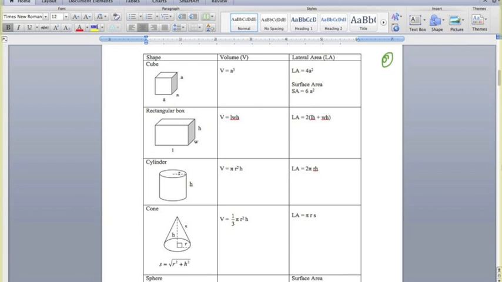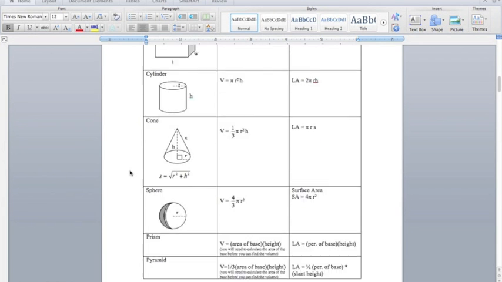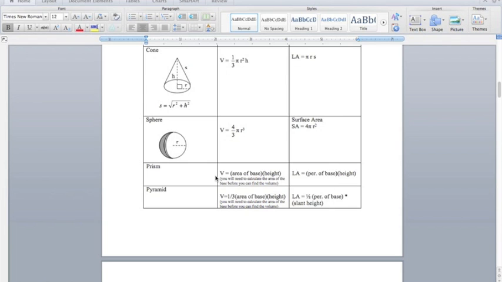Okay? So for today, the formulas that are going to be important are the cube formulas here at the top, the rectangular box formulas there, and then down at the bottom, there's one that just says prism in general, and that's where we would have any general shape on the bottom, like a triangle or a trapezoid or something like that.